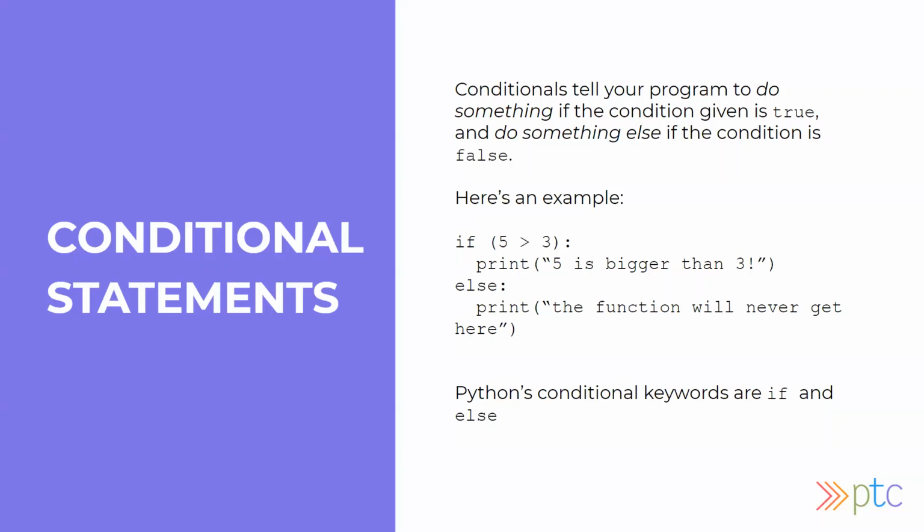So if, and then the condition in brackets, colon, and then the next line will be indented for whatever action will be applied if the statement is true, and then it will move on to else if it is false. Did everyone catch that? If you have any questions, feel free to ask.